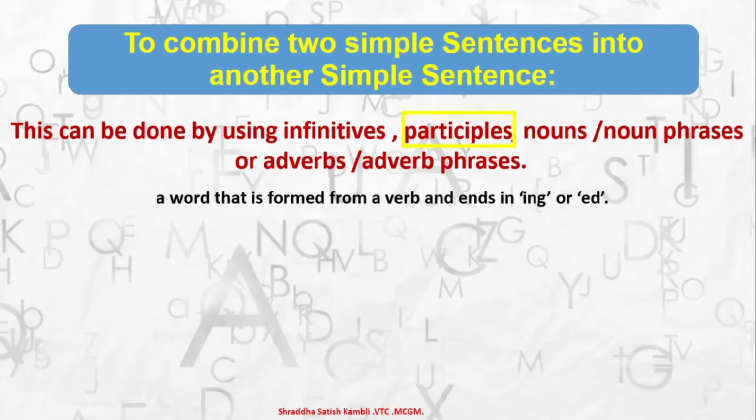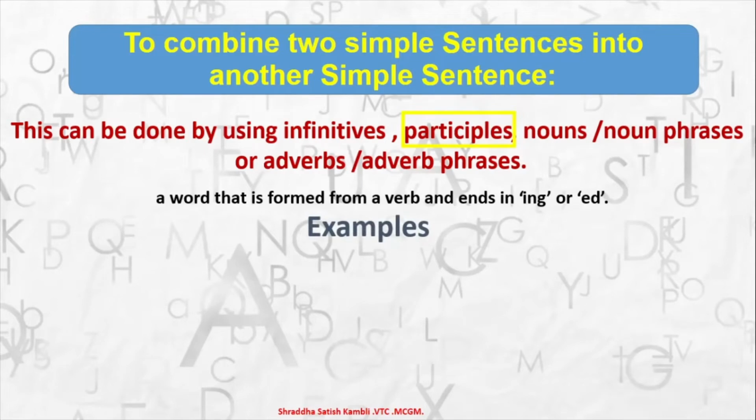Any verb you add ed to becomes the past participle. Alright, and nouns, we know what they are, we know what noun phrases are, what adverbs are, what adverb phrases are. So to combine two simple sentences into another simple sentence, we make use of all these small tools: infinitives, participles, nouns or noun phrases, adverbs or adverb phrases.